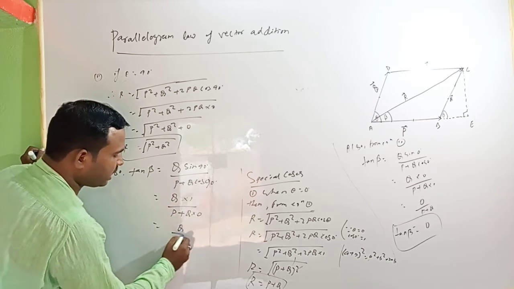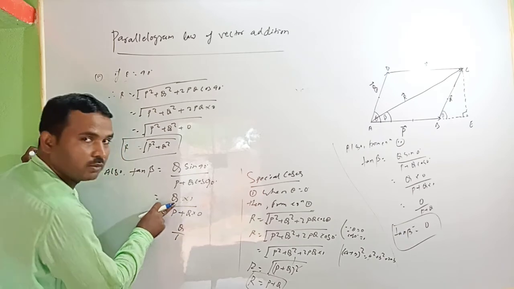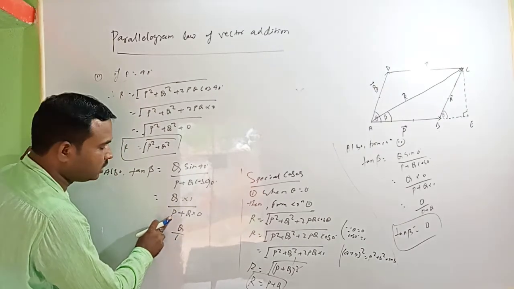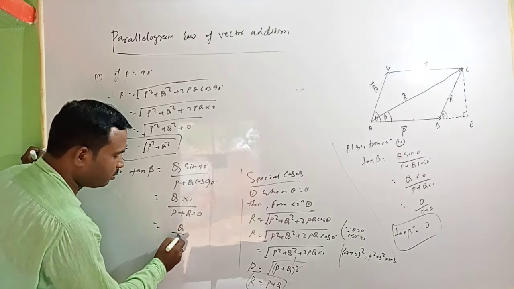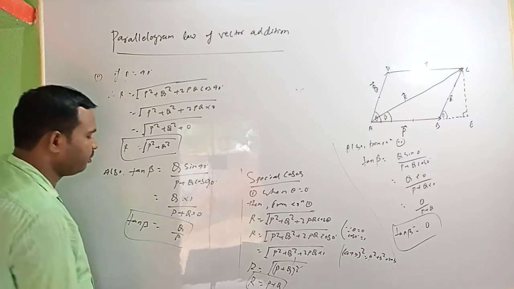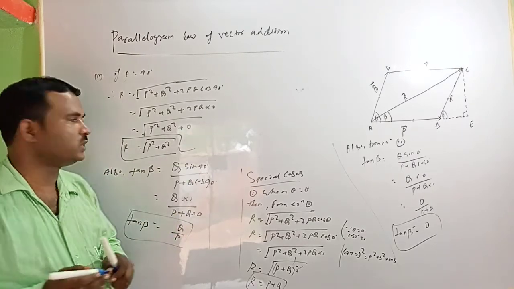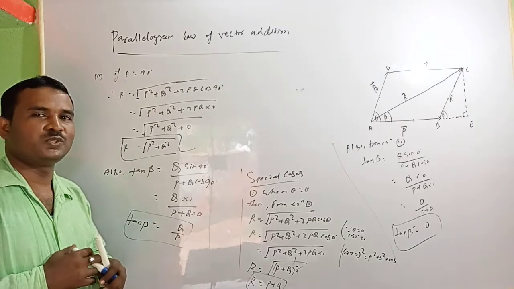So the denominator will be p. It means tan beta is equal to q by p, and we have r equal to root under p square plus q square.